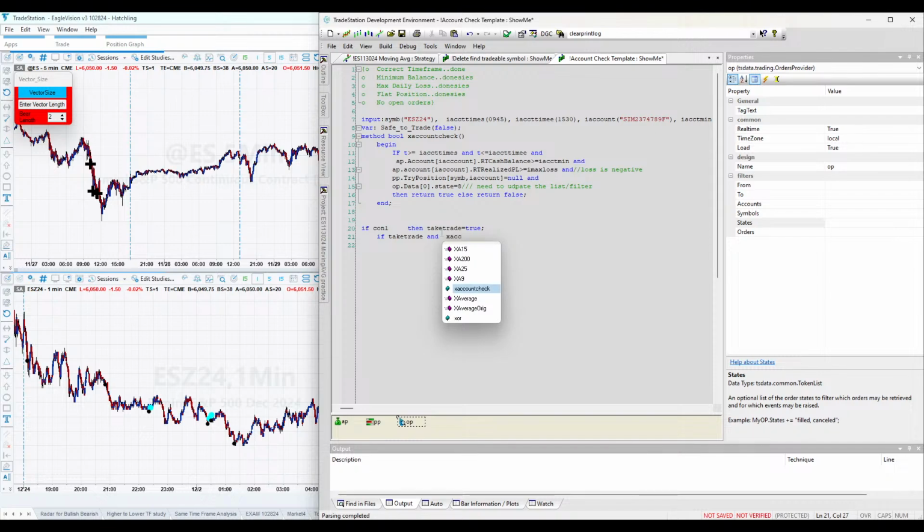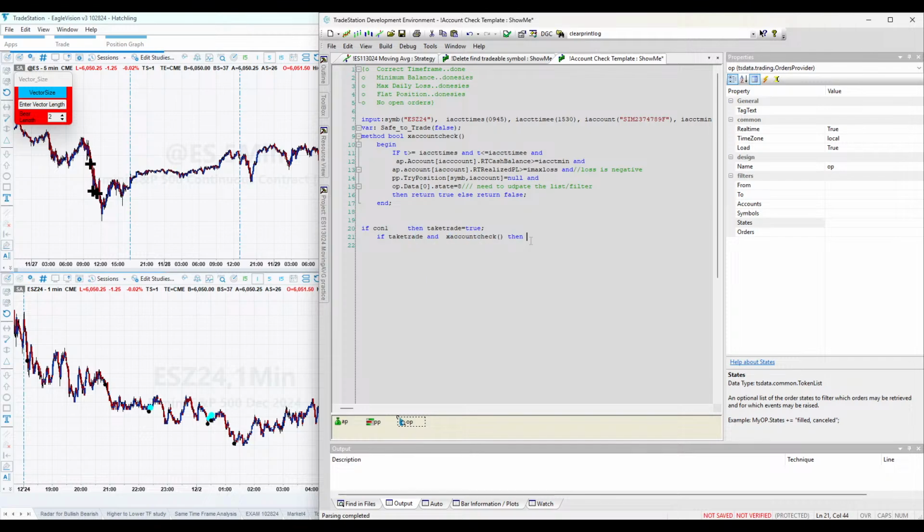Okay, so if take trade, if we're getting our signal to trade, and X account check, and you don't have to put equals true, you just put X account check. So if that's true and that's true, because once this is true, now it'll continue on the expression, and so now it'll check for this. If this is true, it'll come and look for this.